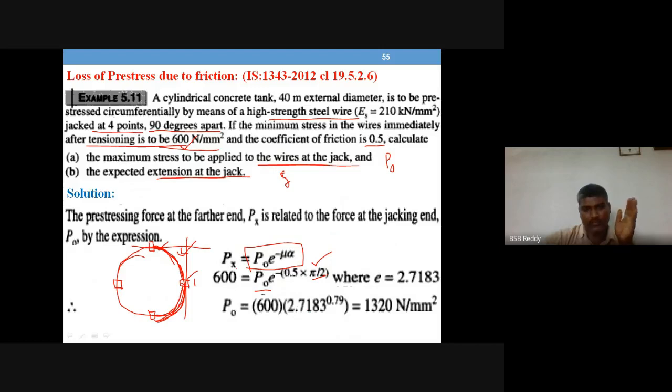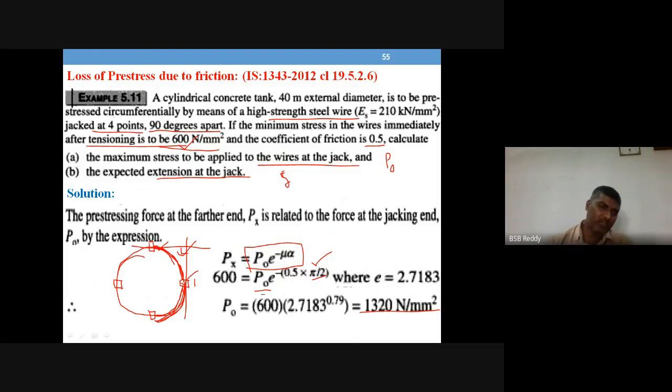So substitute for px, get the P naught value. That is 1320 Newton per mm square, the stress that you have to develop in the hydraulic jack at this end of the cable.